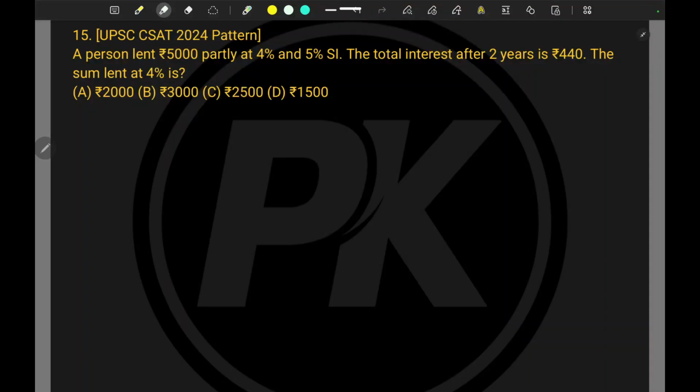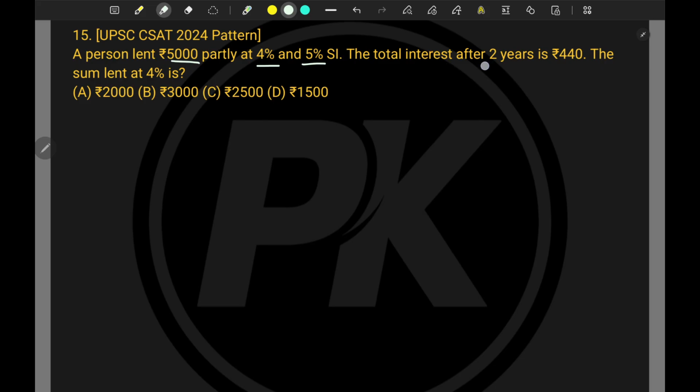So let's move on to the last problem of this session. If you read this problem very carefully, you will see that a similar kind of problem we have already solved, and we will try to execute a similar approach to see if we can find the answer. Here the problem statement is saying, a person lent 5,000 partly at 4% and 5% of simple interest.